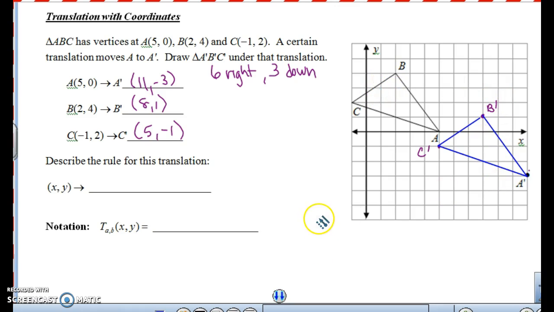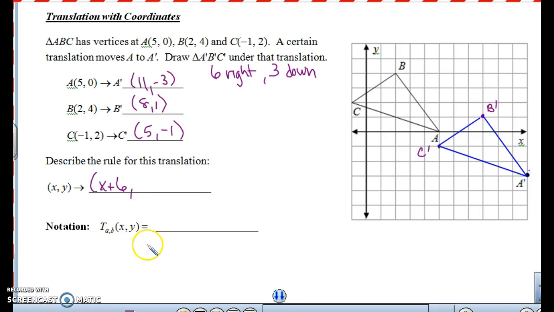Okay, now, the rule for this translation, we are describing what happened to each of the coordinates. If we are moving 6 to the right, what coordinate are we affecting? We're affecting the x-coordinate. So if we're starting at (x, y), moving 6 to the right, that's in a positive direction, so that would be x plus 6.